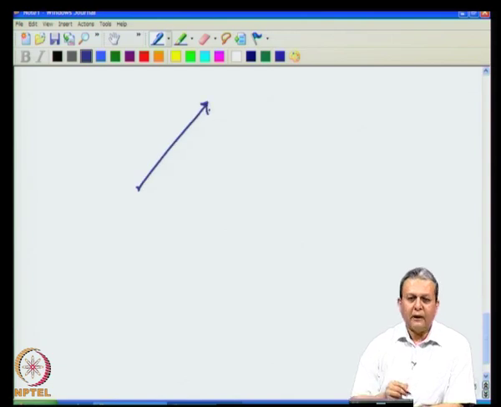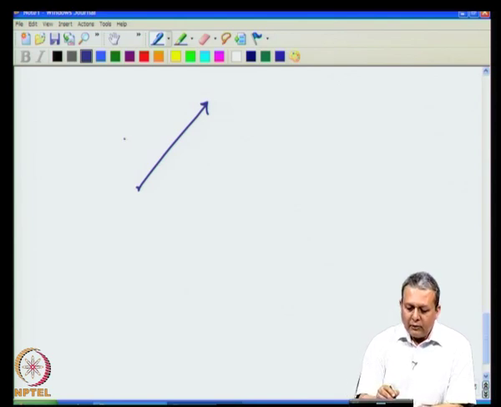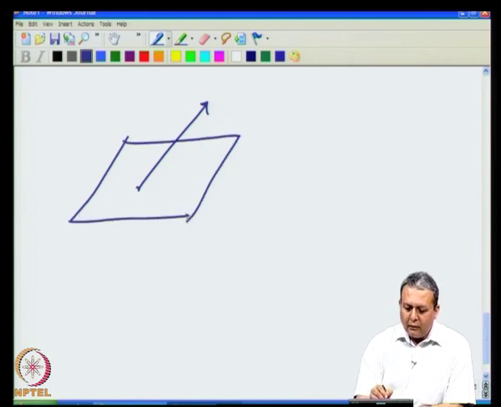Suppose we have some direction along which we need to move. For example, it could be a steepest descent direction. Now, a steepest descent direction may not ensure the feasibility. So, what we need to do is find the null space of the matrix A and project this steepest descent direction onto it.